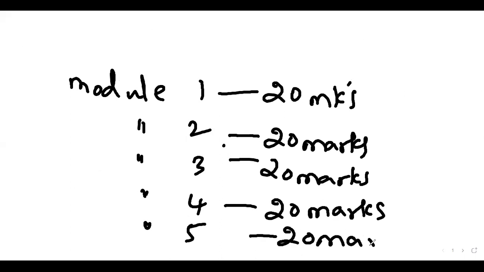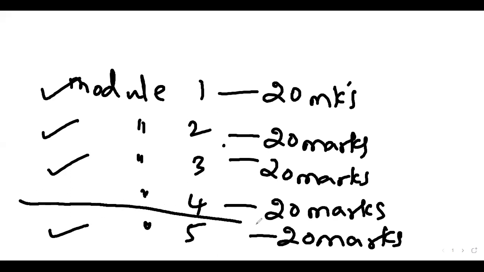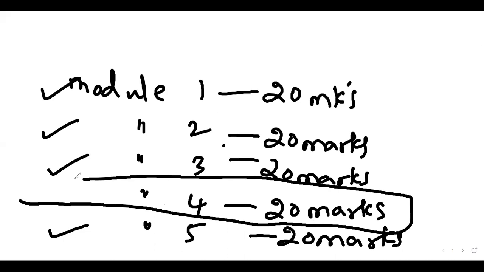So what I want the students to do is concentrate first on modules 1, 2, 3, and 5. Leave the fourth in the beginning. Why? Because first your safety is important. You have to see that you pass this subject first. Correct? I have confidence in students' capability of passing. But since this time you do not have much time to study, what I suggest is to concentrate on the first modules and the last module, because these are the theory aspects.